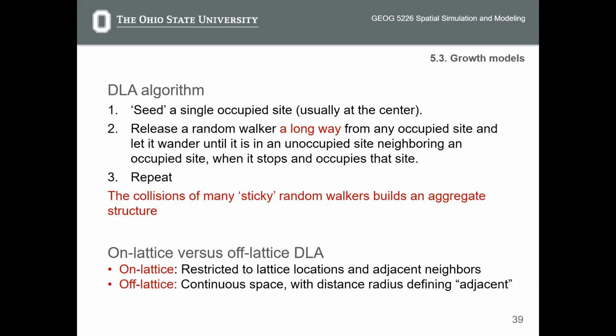And then you release another random walker to repeat the same process, but this time this walker has a higher probability to occupy a site, because now there is the seed itself and another site occupied by the last walker. So now there are two sites occupied on this lattice, so it's easier for this second random walker to occupy a site. And we repeat this process. This is DLA.